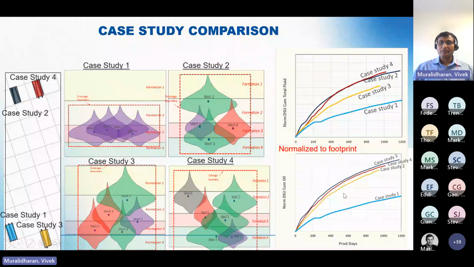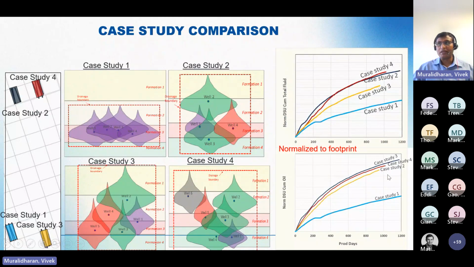Again, one caveat in staggered development is that if you have unfavorable petrophysics in some of the landings, that's going to affect the DSU average. If you have high water in some of the landings, it's going to connect all the SRVs together, so that high water is going to be felt in the entire DSU.